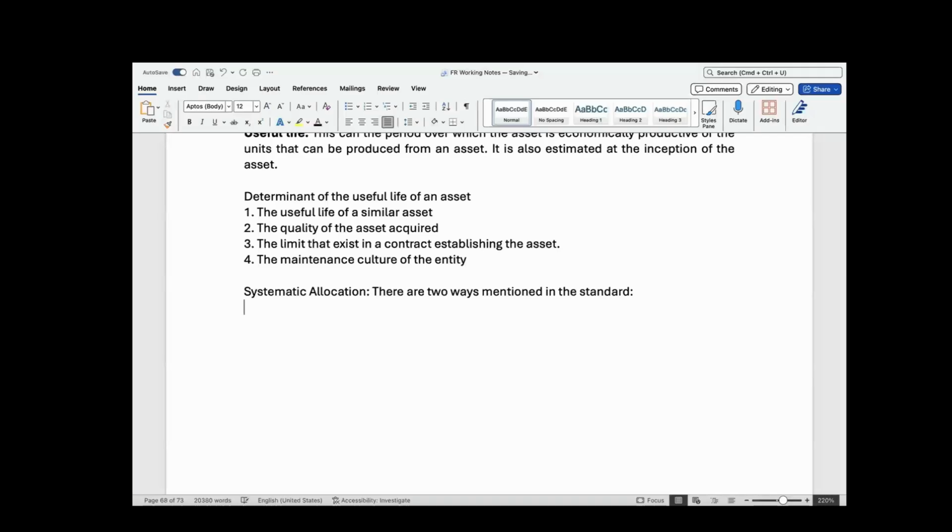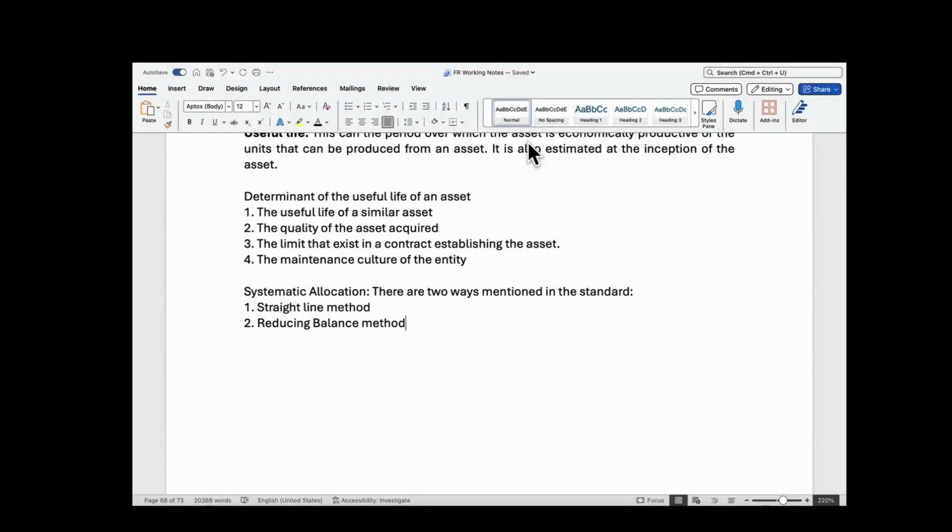And number 1, the standard calls that straight line method. And number 2, the standard calls that reducing balance method. So these are the 2 ways mentioned in the standard.